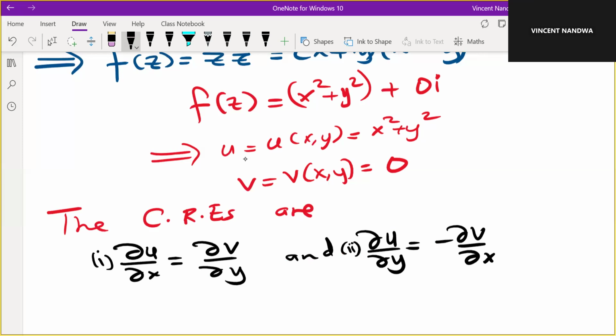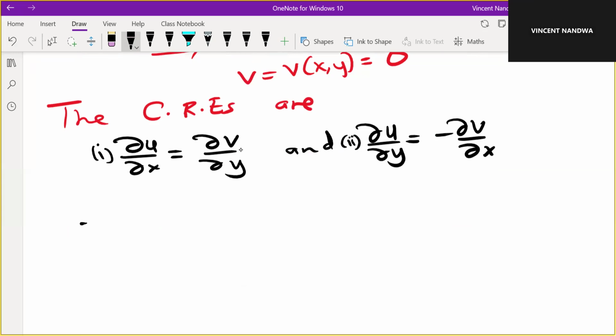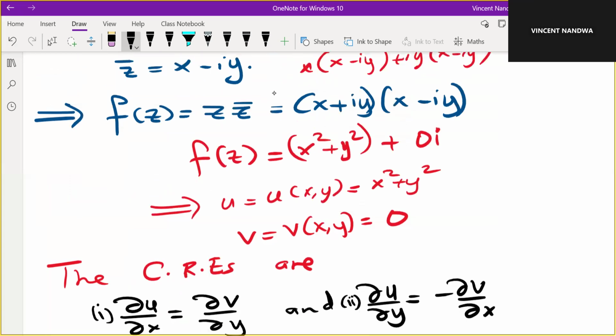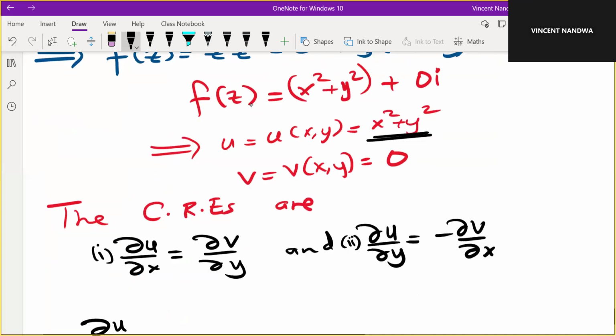So what would be our partial u, partial x? When you differentiate this function with respect to x, what do you get? Just 2x.